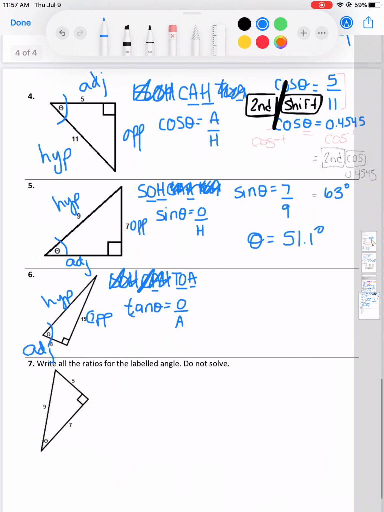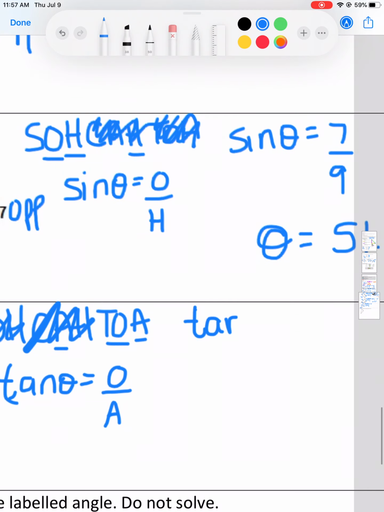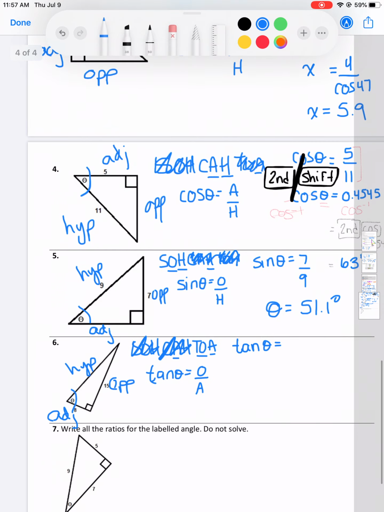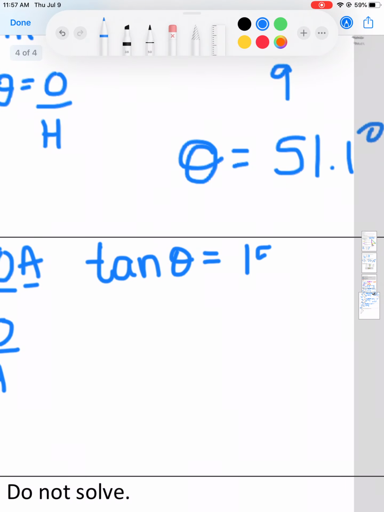So tan theta is equal to 15 over 8. That means my angle is equal to 61.962 degrees.